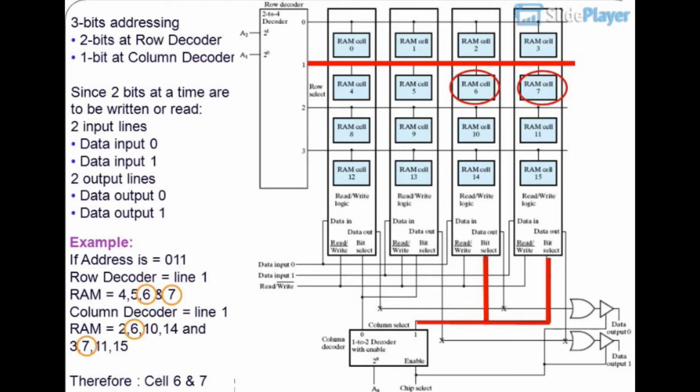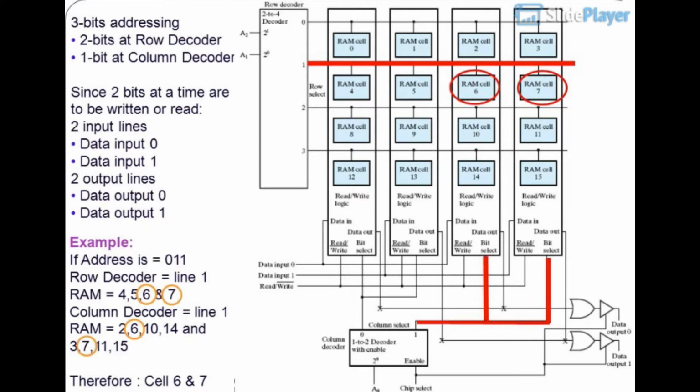With 3 bits addressing, 2 bits go to the row decoder and 1 bit to the column decoder, since 2 bits at a time are to be written or read. There are 2 input lines, data input 0 and data input 1, and 2 output lines, data output 0 and data output 1.